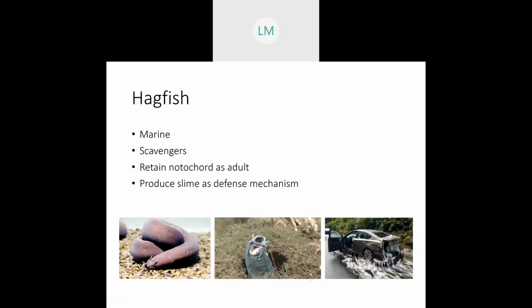So this photo here, this is from a car accident that happened off the Oregon coast. Must have been in 2016, 2017. Basically, there was a semi-truck full of hagfish. They were eventually going to be shipped over to Asia, where hagfish are considered a delicacy.